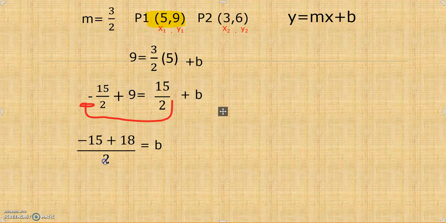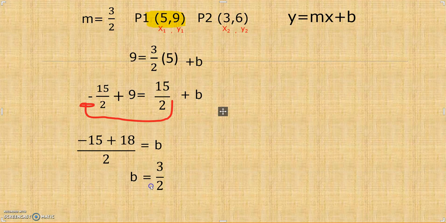So let's do addition of fractions. 2 divided by 2 is 1 times negative 15. The answer is negative 15. And 2 divided by 1 is 2 times 9 is equal to 18, equals b. So let's simplify. Negative 15 plus 18 is 3 over 2.